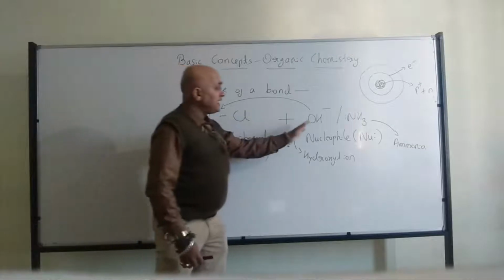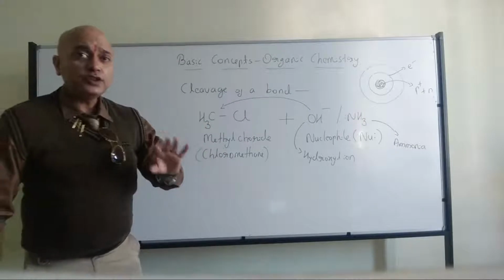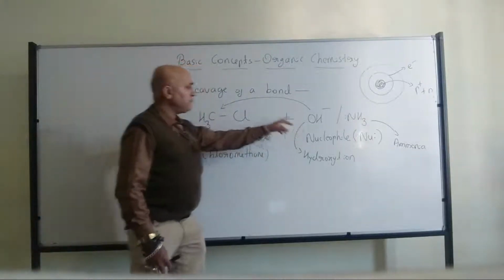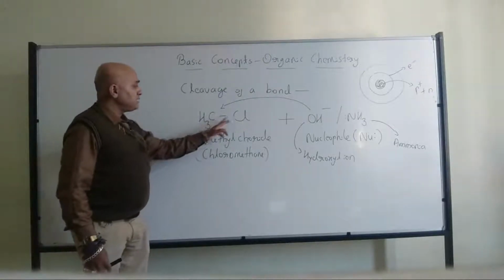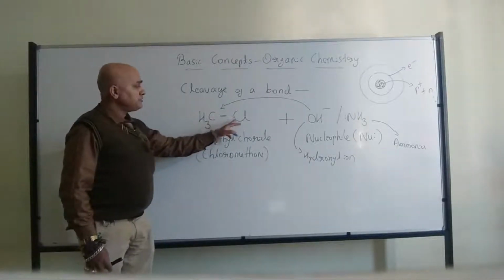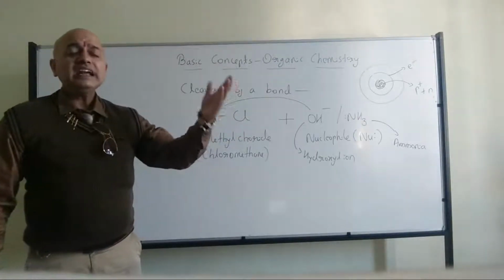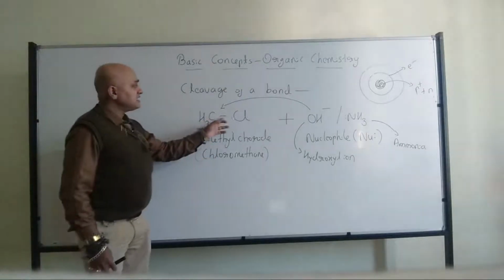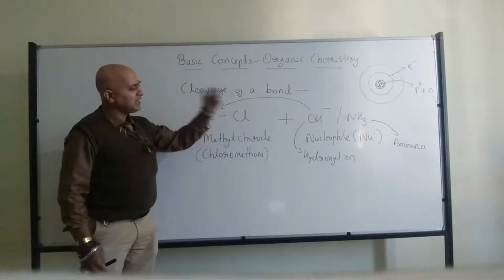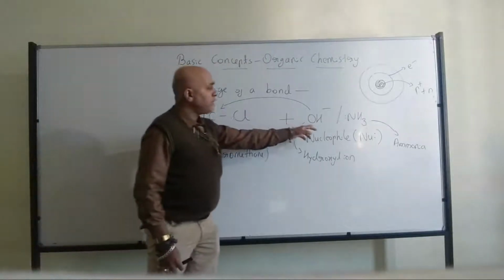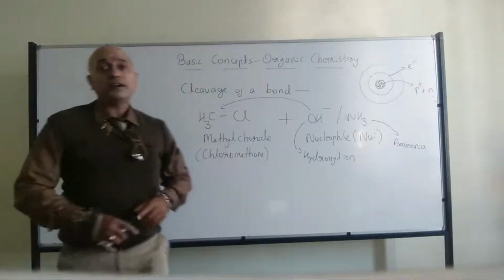So when a nucleophile like OH minus approaches methyl chloride, the discussion happens between carbon and chlorine. Carbon tells chlorine that since you are electronegative and these electrons are already near you, take these two electrons, even my electron, because I have a new partner who is ready to donate the electron.